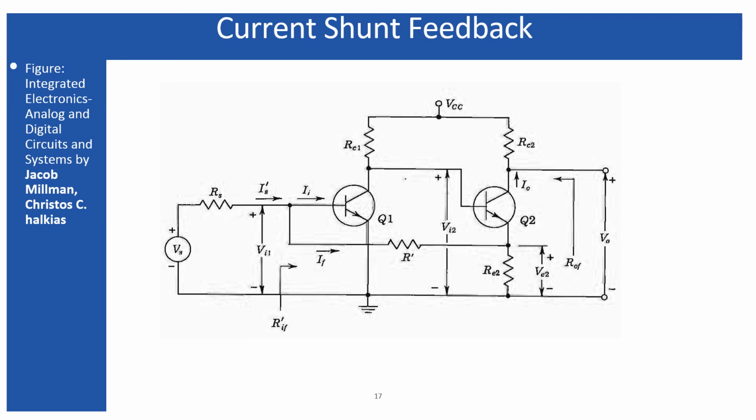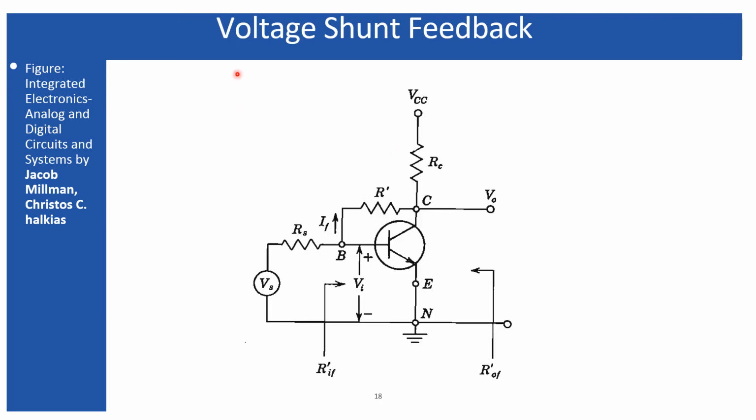So those parameters that I have obtained for the voltage series and current series feedback, you have to obtain over here also. So try it by yourselves. Next is the voltage shunt feedback. This circuit is for the voltage shunt feedback, and for this circuit also try it by yourselves.